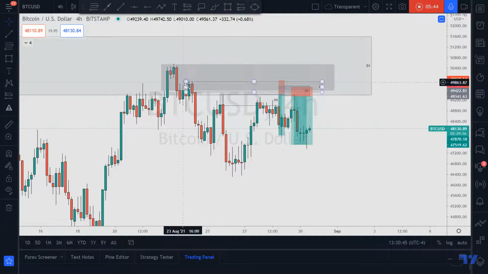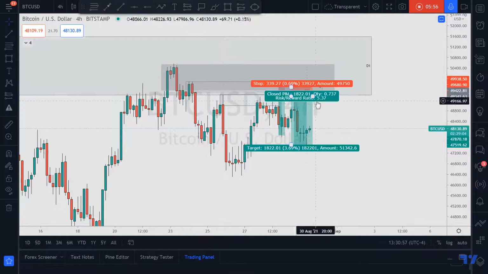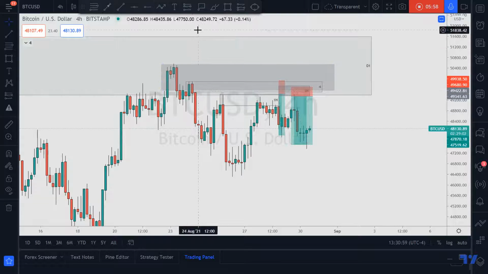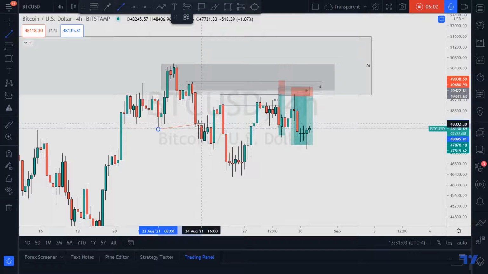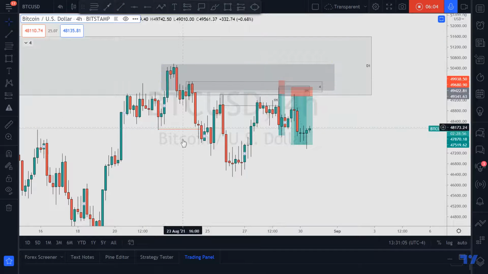So price comes down, breaks this low, or breaks down from that order block retest, and creates another order block. There's a 4 hour order block it just created, and price then again, as it tends to do, broke structure here, right?